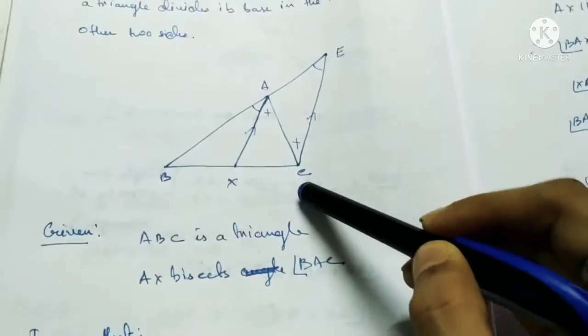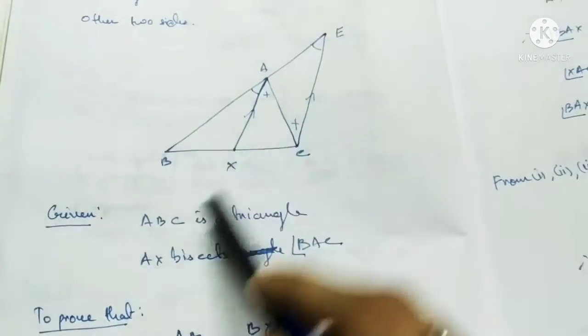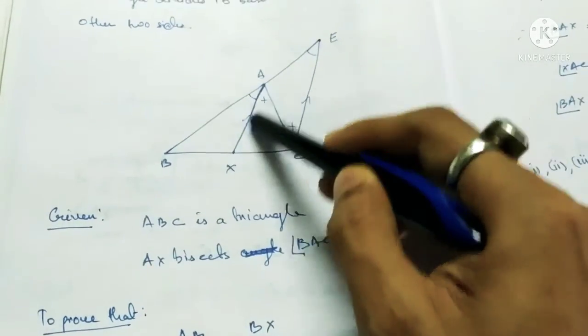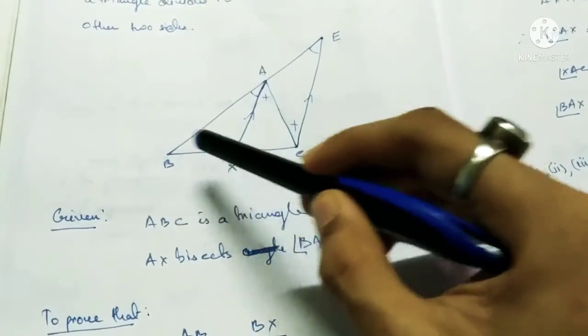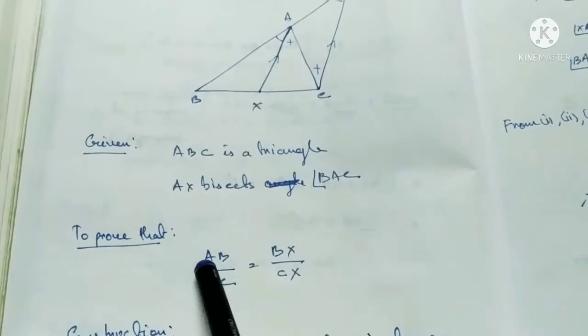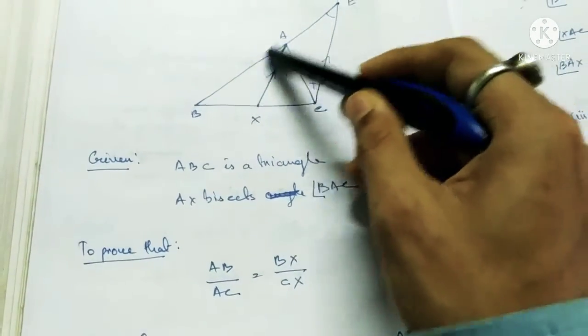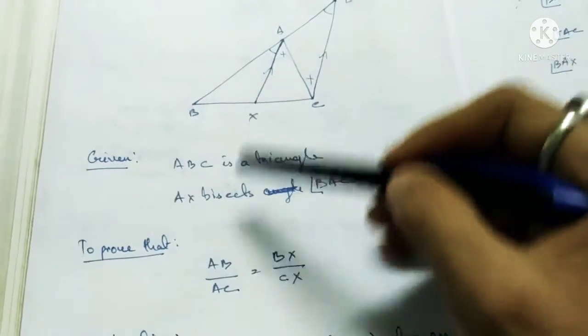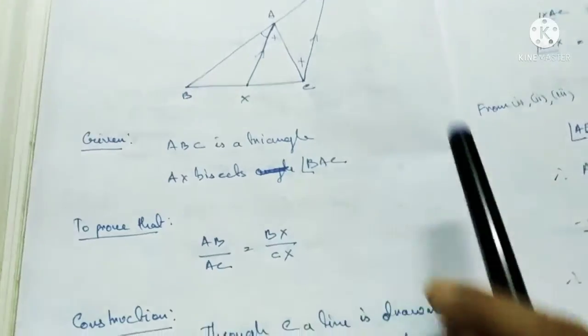Given: ABC is a triangle, AX bisects angle BAC. I have to prove that BX by XC is equal to AB by AC.